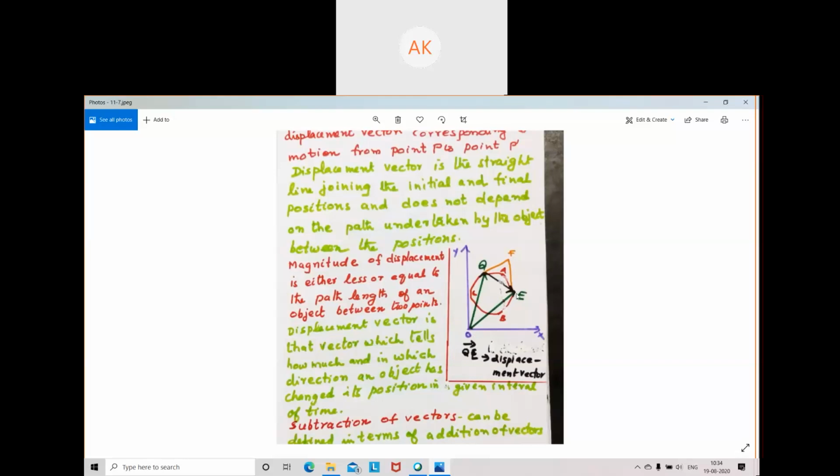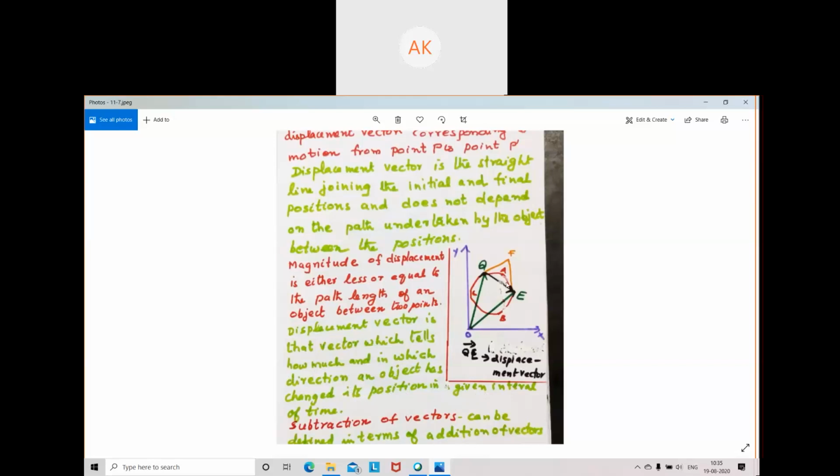So where is the initial position? At Q. Where is the final position? At E. So you draw a straight line, and that will give the displacement vector. So what does the displacement vector give us? It is a vector which tells us how much and in which direction an object has changed its position in a given interval of time.